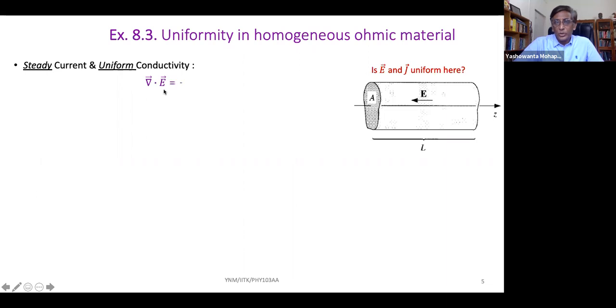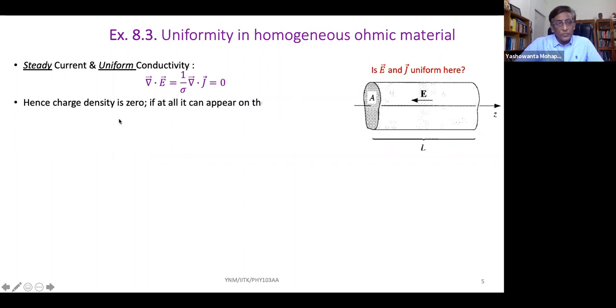We know the divergence of E I can write down, since it's a uniform conductivity, by taking sigma out of this. It's just a scalar. So J by sigma is E. Divergence of J: since it's a steady current, divergence of J must be 0. We know that from the continuity equation. And hence the divergence of E is 0, which means there is no rho in the body of the conductor.